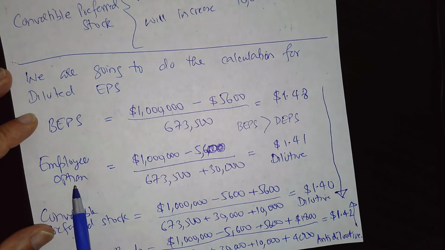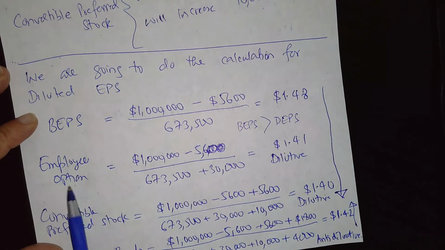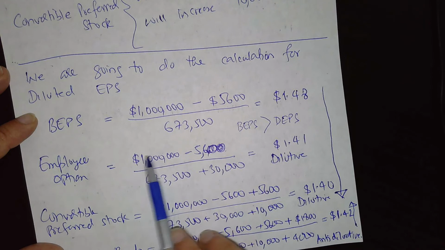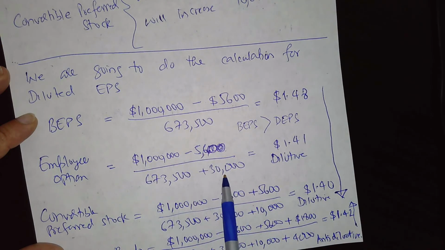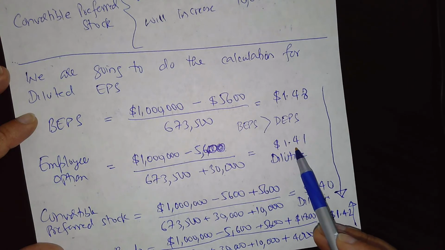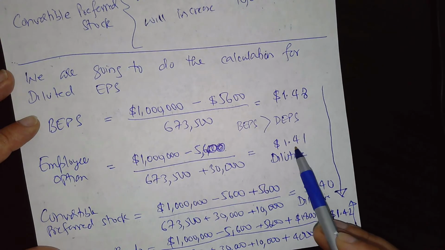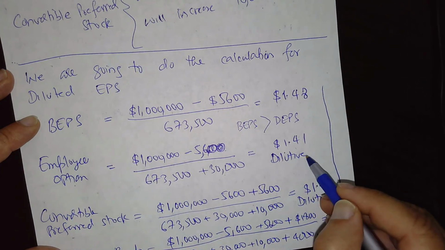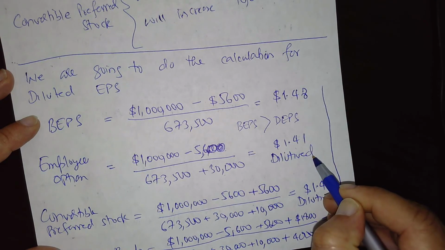So now you have employee options, right? Employee options will not make a difference in the numerator. The numerator remains the same, but it adds an additional 30,000 shares. So now your diluted earnings per share is $1.40. So basically by exercising these employee options, your earnings per share has been diluted.